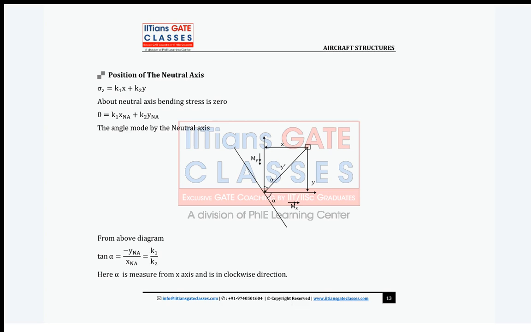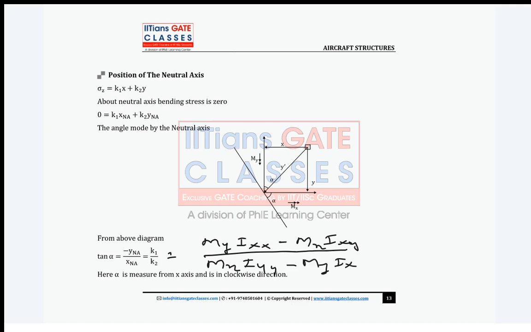It is My into Ixx minus Mx into Ixy. Denominator will get cancelled, so only numerator for K2. What is the numerator? It is Mx Iyy minus My Ixy.